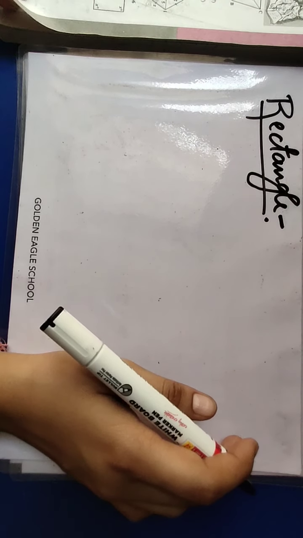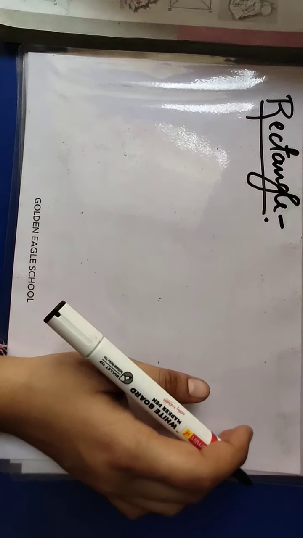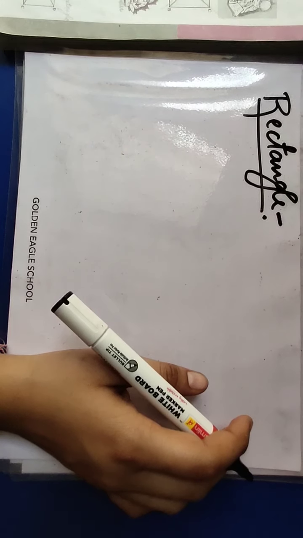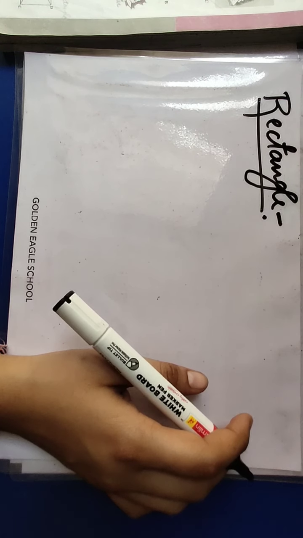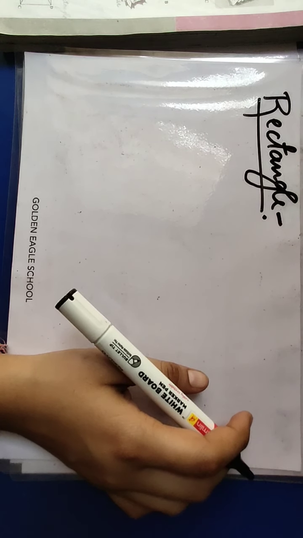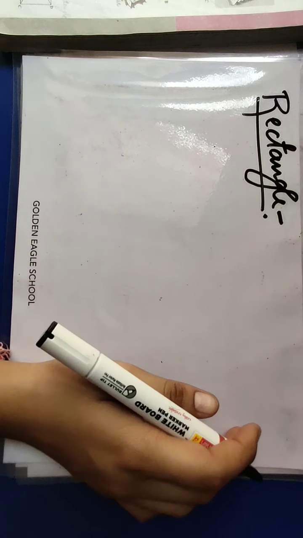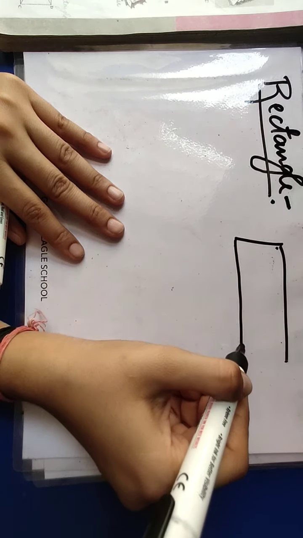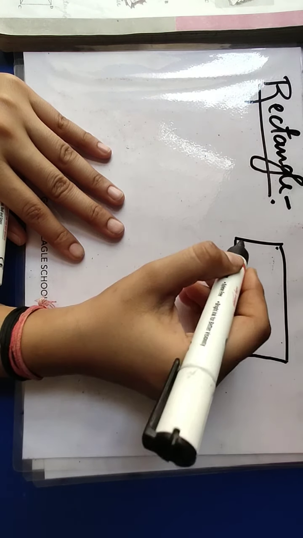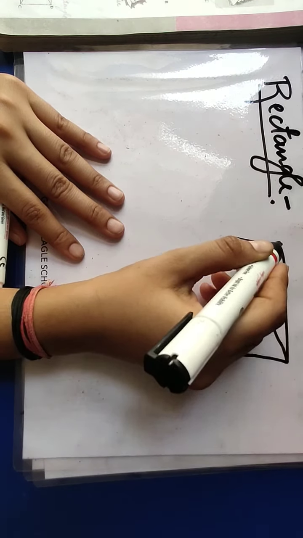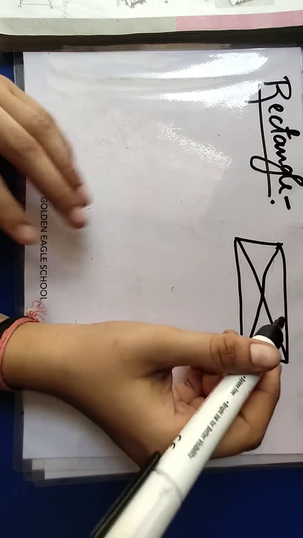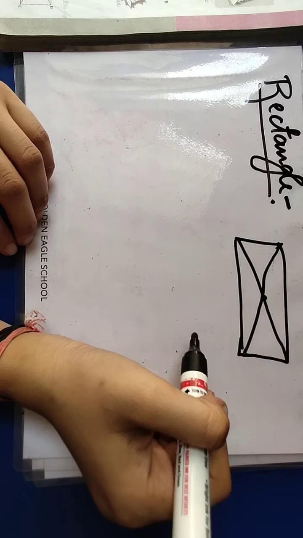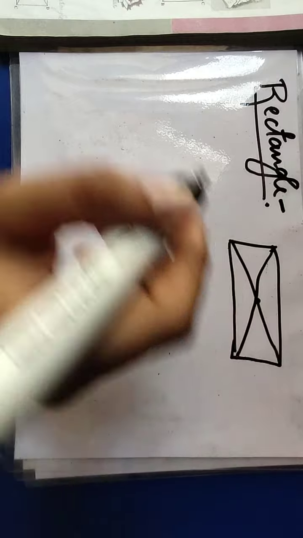It also has properties like that of a parallelogram, but in this, all the angles are 90 degrees, and the property of a rectangle is that the diagonals of a rectangle are of equal length. The diagonals are of equal length, and they also bisect each other at the center.